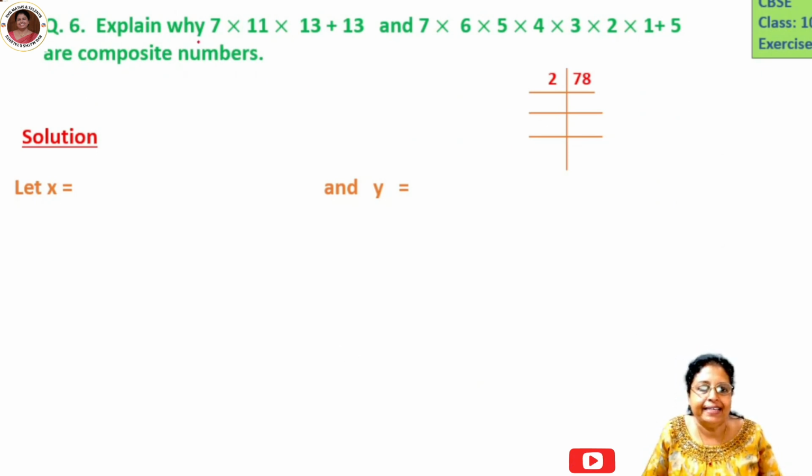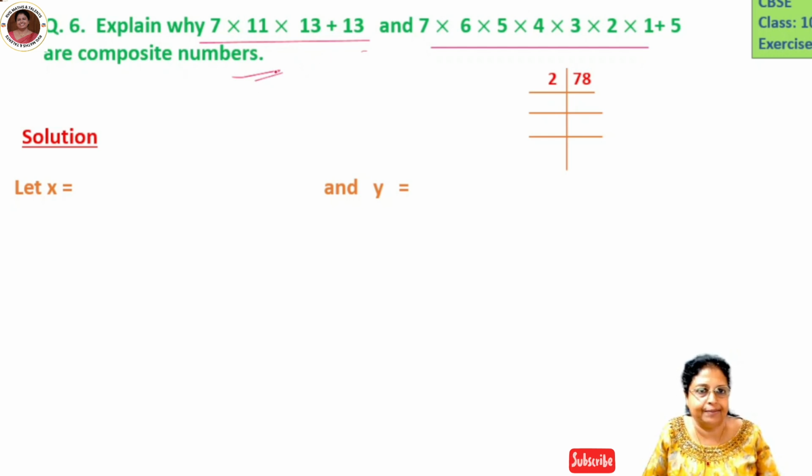Explain why 7 times 11 times 13 plus 13, and 7 times 6 times 5 times 4 times 3 times 2 times 1 plus 5 are composite numbers. That is what we have to prove. So let us check whether they are composite numbers. By the fundamental theorem of arithmetic, every composite number can be factorized into prime factors.